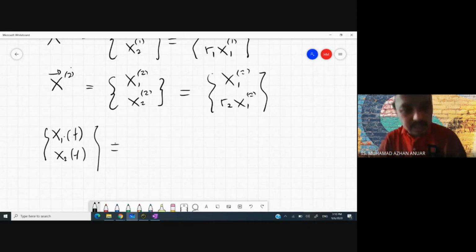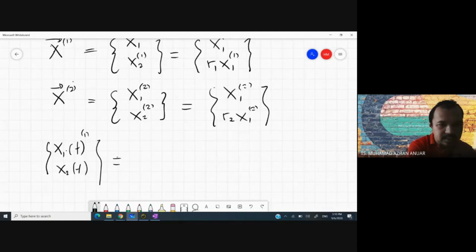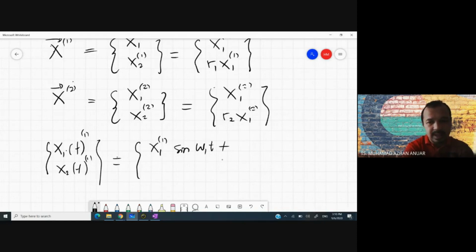We can write it differently: x1 due to the first natural frequency and x2 due to the first natural frequency. From the mode shape, we can write x1 due to the first natural frequency, and our response is in the form of sine omega 1 t plus the phase angle phi 1. And the second one, from that expression, is R1 x1 sine omega 1 t, due to the first natural frequency, plus phi 1.